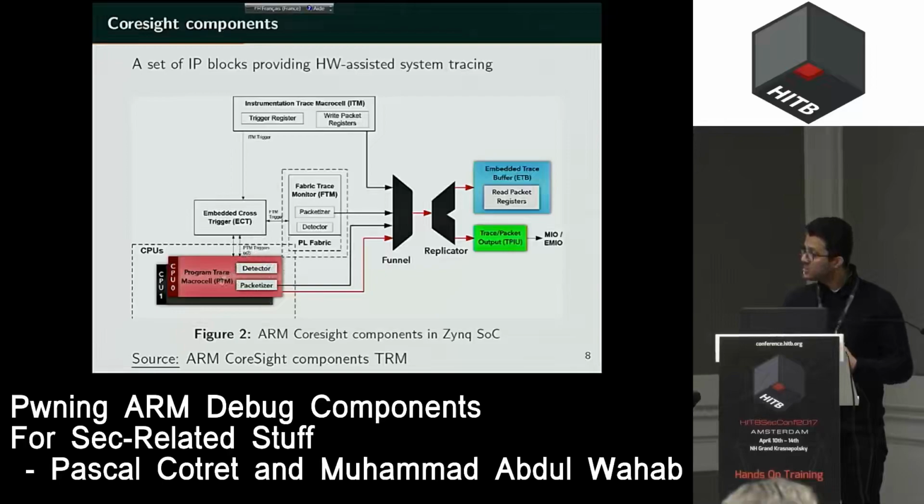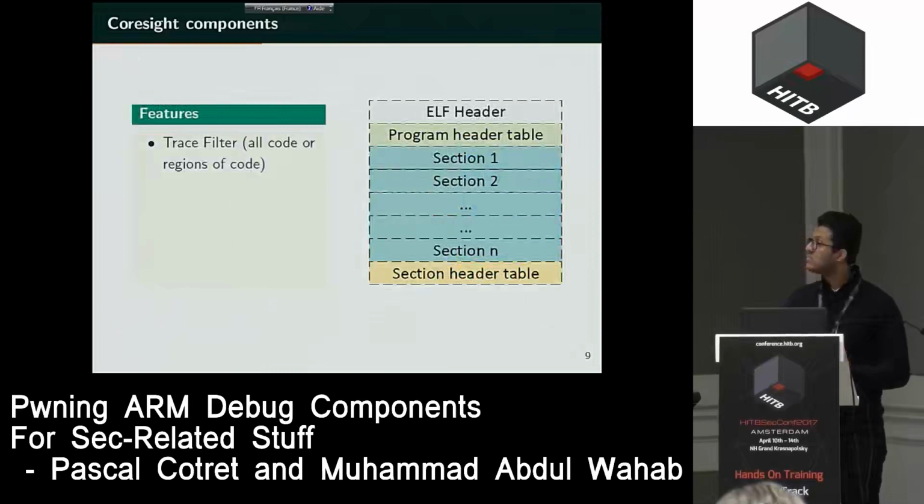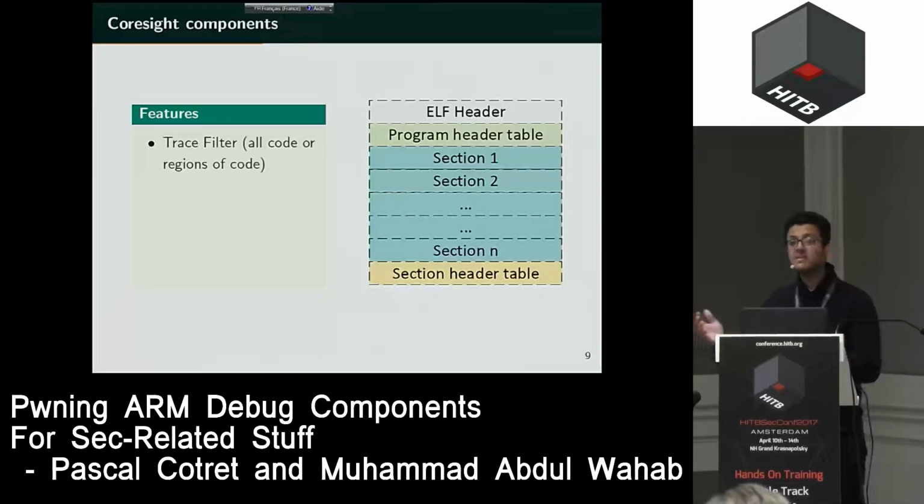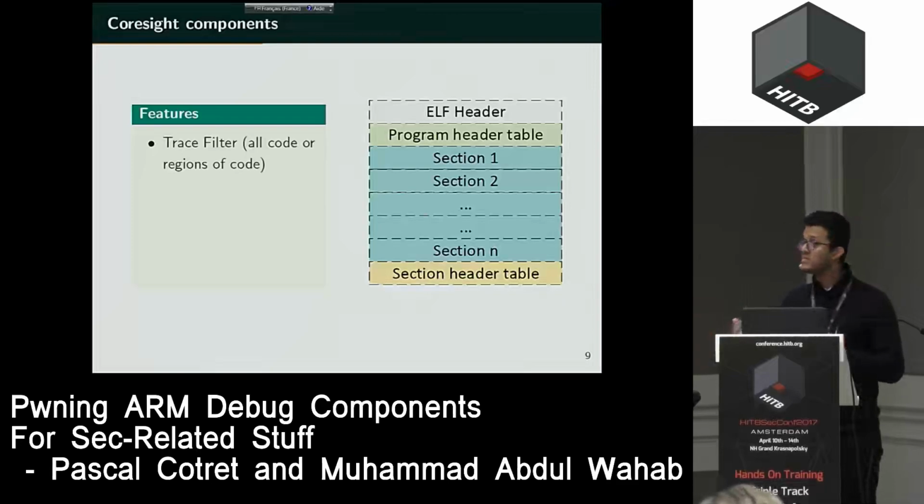Now I'm just going to show you in a little more detail the features provided by these components, how the trace is generated, and how we can configure these components as well. First of all, we can use CoreSight components to trace all code, whether it is in user space or kernel space, or we can trace only a given region we want, and that is what we are going to do.